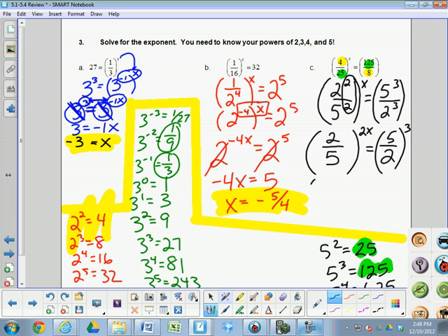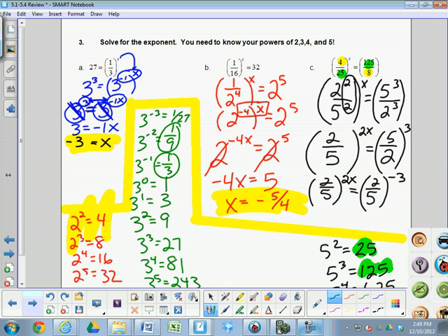Watch. On the left side, I'm not going to touch it. Leave it alone. On the right side, this fraction would be flipped if its exponent was -3. Again, the rules work in both directions. Normally, you're given a negative exponent, and that makes you flip the base. If you want to flip the base, give it a negative exponent. You're doing it the other way.